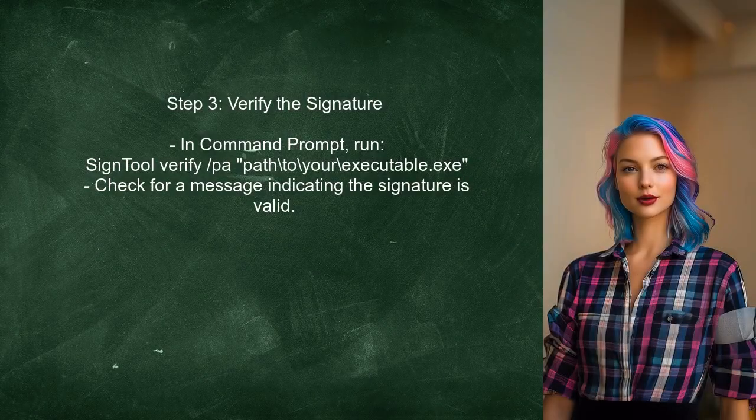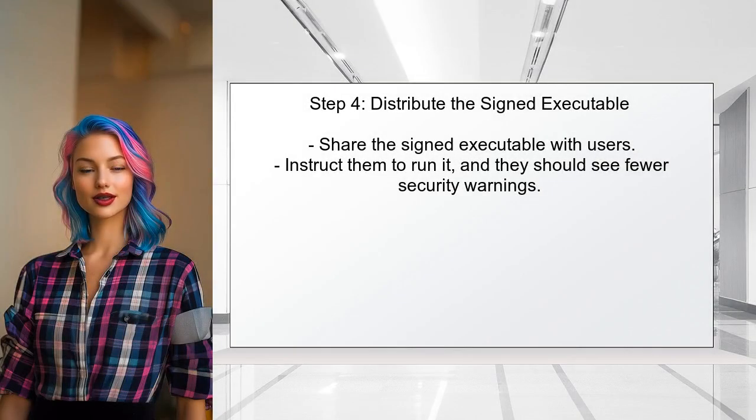After signing the executable, the user should verify the signature to ensure it was applied correctly. This step is crucial to confirm that the executable is recognized as coming from a verified publisher. Finally, the user can distribute their signed executable. This should reduce or eliminate the warnings from Windows Defender regarding the publisher.